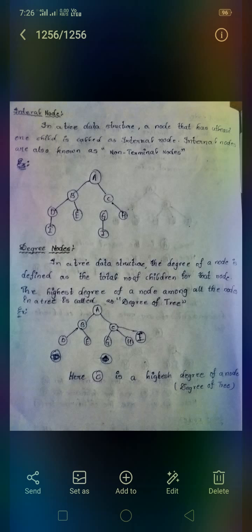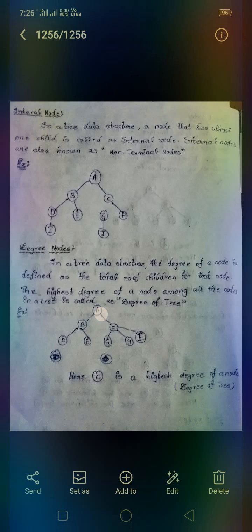The highest degree of a node among all the nodes in a tree is called the degree of the tree. That node consists of the maximum number of children.